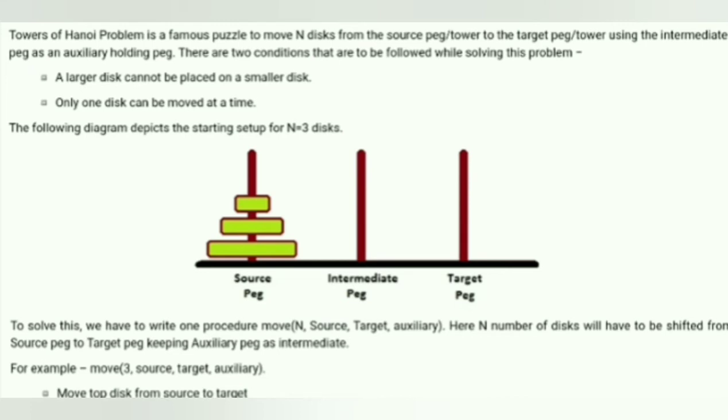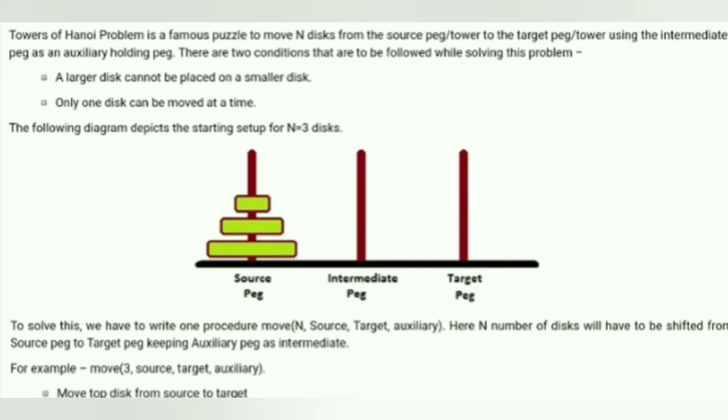So the source peg is still with the largest size disk. So that disk will be moved from the source to the target. So the largest size disk has gone to the target, and the topmost disk from the intermediate to the source. So it will be moved there, and the topmost disk from the intermediate to the target.